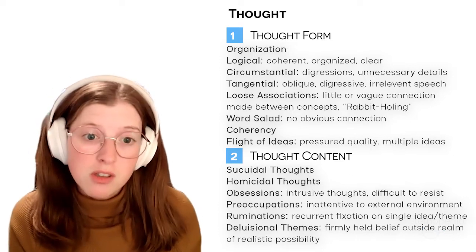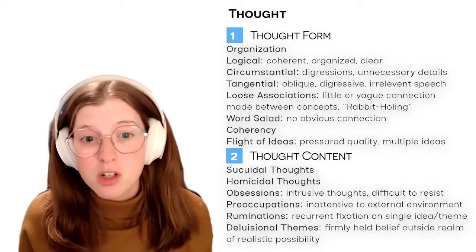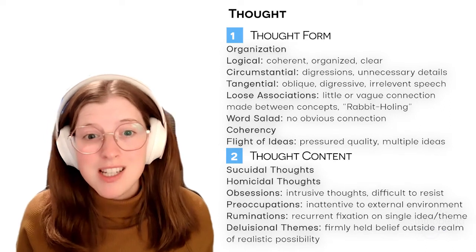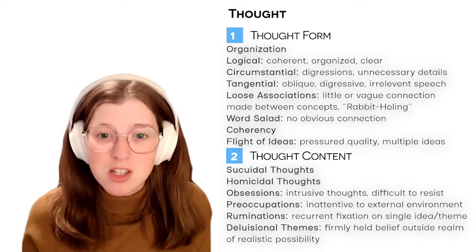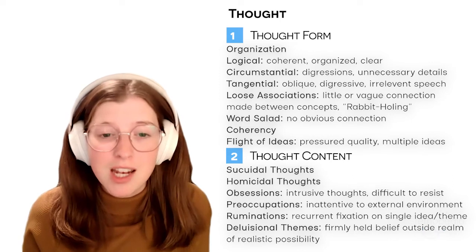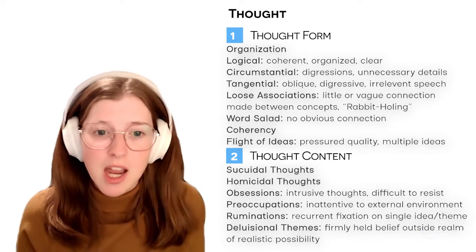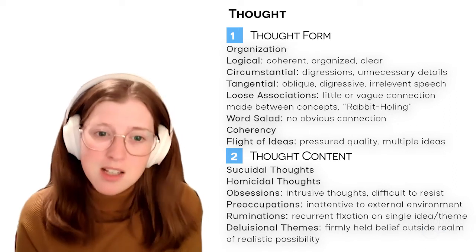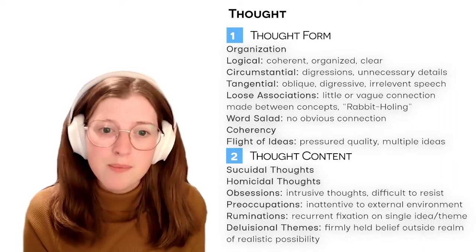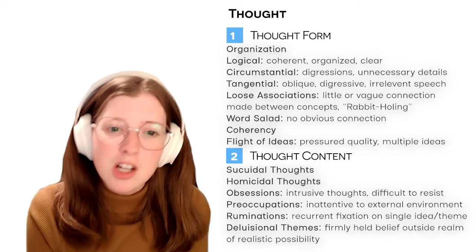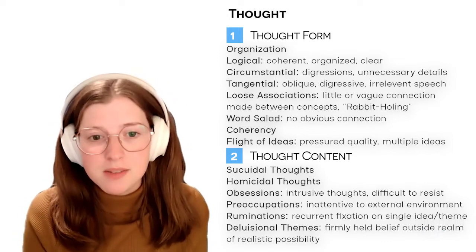So from logical, the next stop would be circumferential, digressions to unnecessary details in thought and speech before communicating the central idea. This is similar to taking a ride on a carousel. You'll get back to the beginning of where you started, but you're going to go for a bit of a ride before you get there.